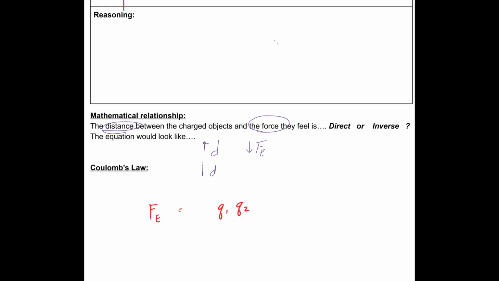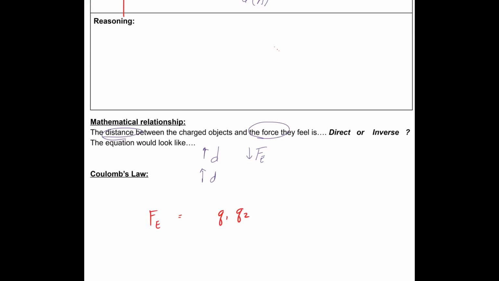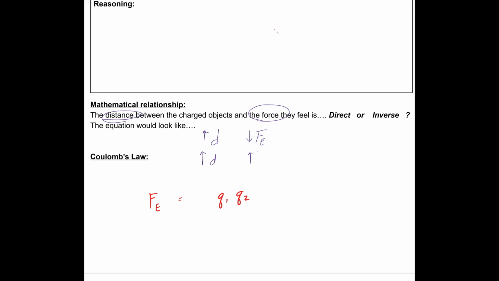When we decrease the distance, so if we go backwards, what's happening to our force is that it gets bigger and bigger. When the distance got smaller, the electrostatic force got larger.